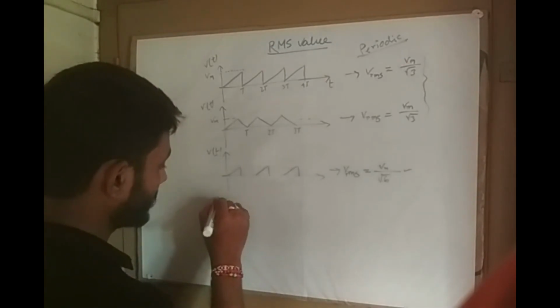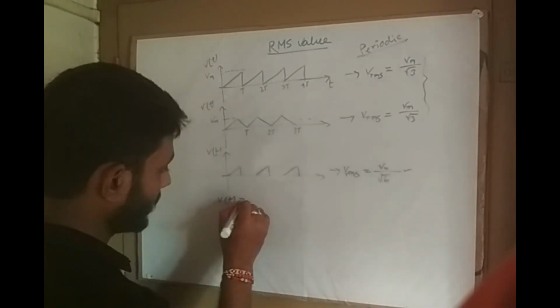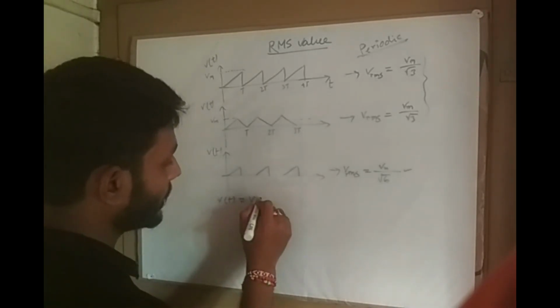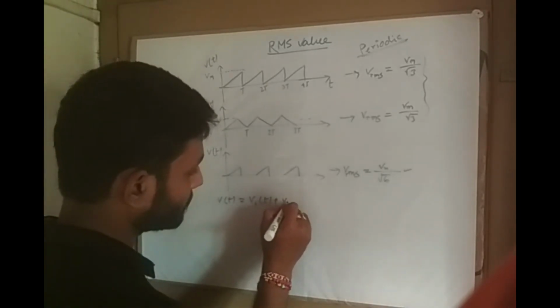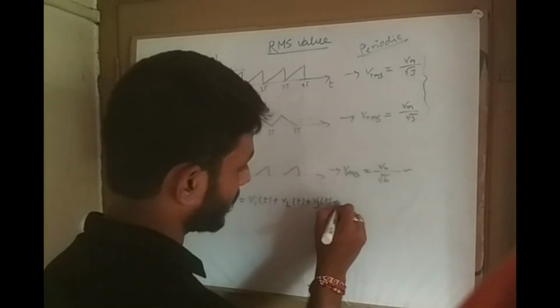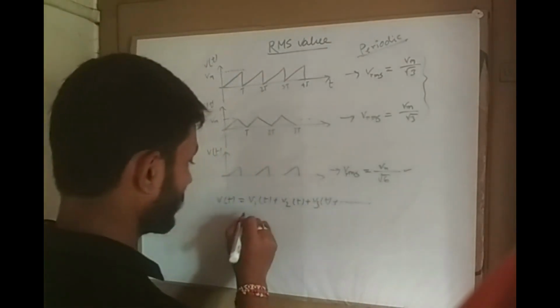The voltage signal, that is V of t, may be like this: V of t equals V1 of t plus V2 of t plus V3 of t plus and so on.